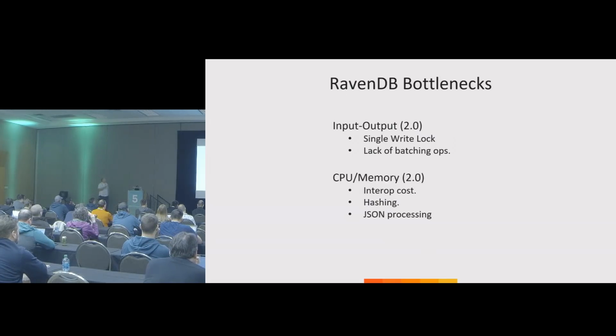So we started with RavenDB bottlenecks at major version 2. After some optimizing and figuring out, we found that the single write log and the lack of batching operations, which is architectural stuff, were the issue. This is something that you are not able to change, even in a few months. This is major stuff.